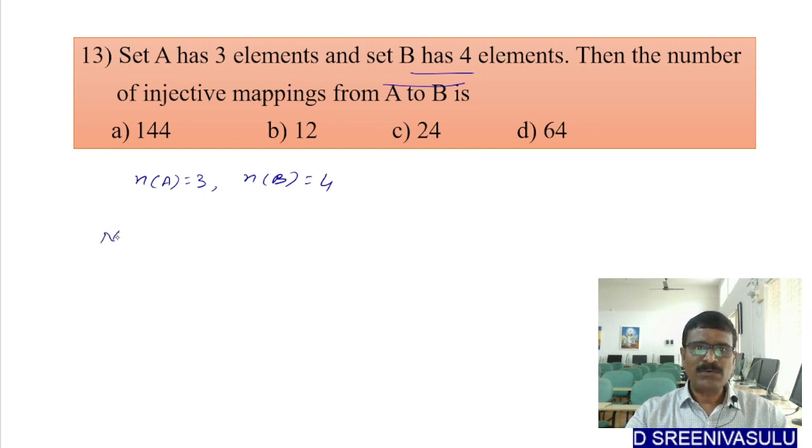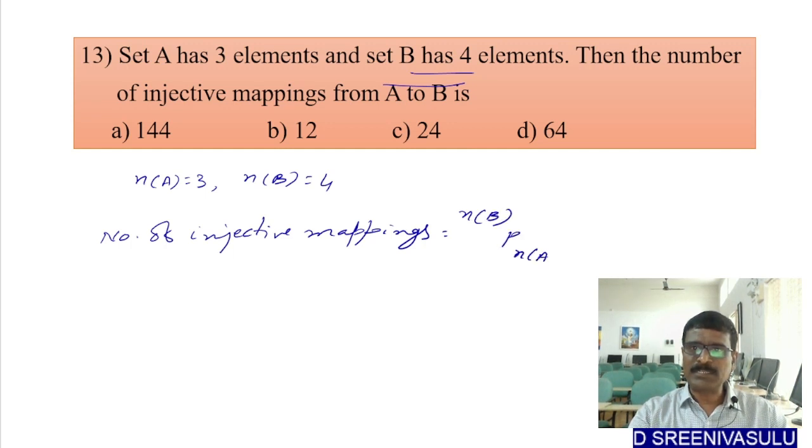Number of one-one functions, otherwise injective mappings, is equal to n(B) P n(A). P means permutations. This is 4 P 3.